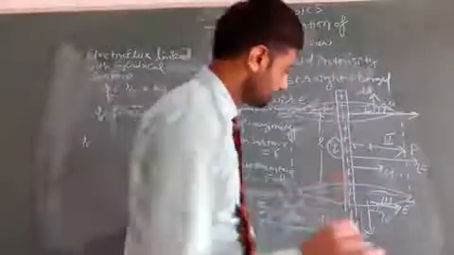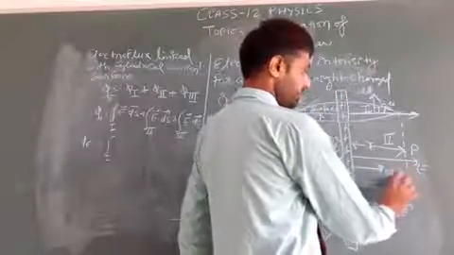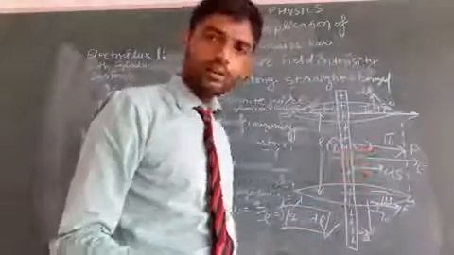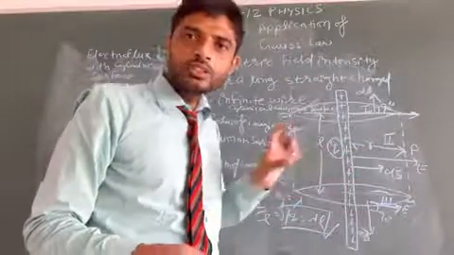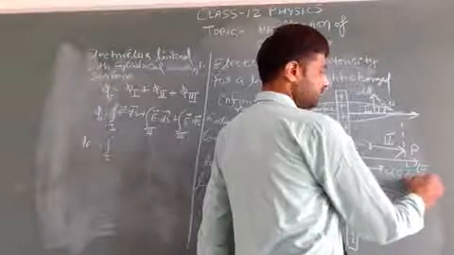So ds, this is also ds, and this is ds. So as you can see, electric field line and area vector are parallel, it means in the same direction. So theta is equal to 0.